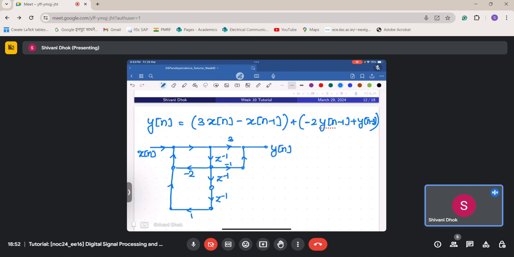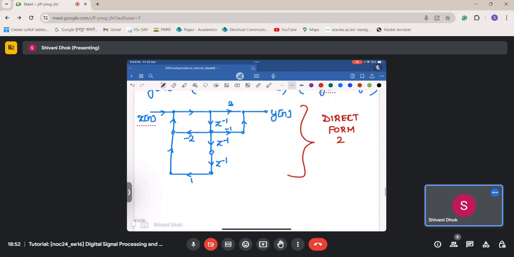Okay, so this representation here is direct form 2. And if we observe, we have the transfer function H(z) as (3 minus z inverse) upon (1 plus 2z inverse minus z to the power minus 3).